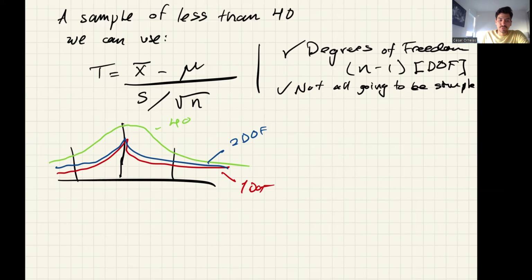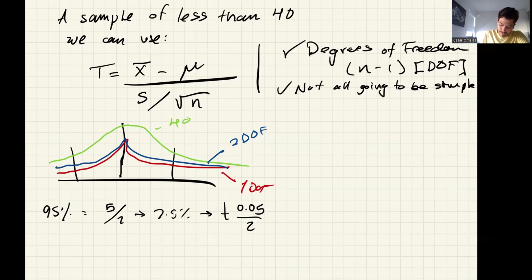So if we want 95%, we have to divide 5 over 2 to get 2.5%. If we change it to decimals, we have T equal to 0.05 over 2 with 6 degrees of freedom.